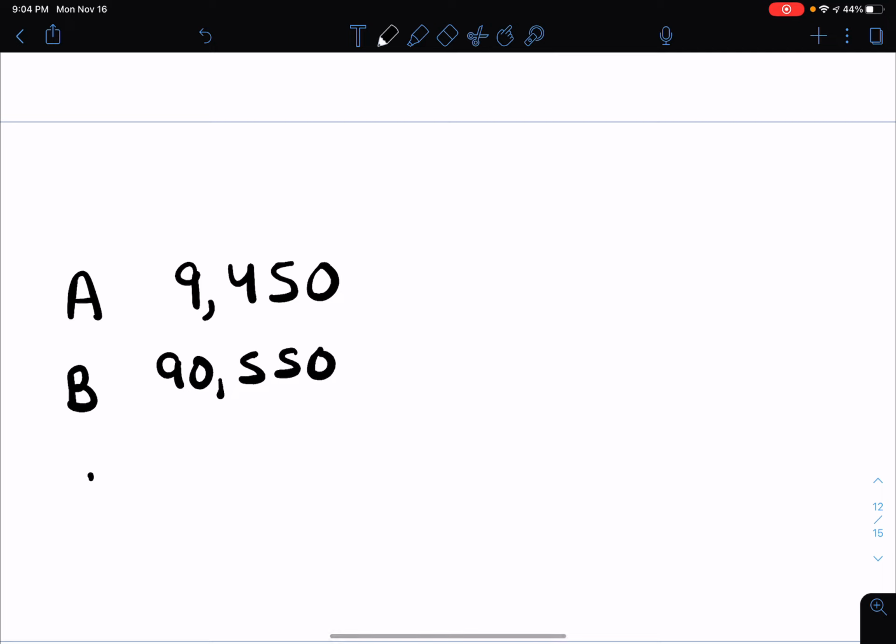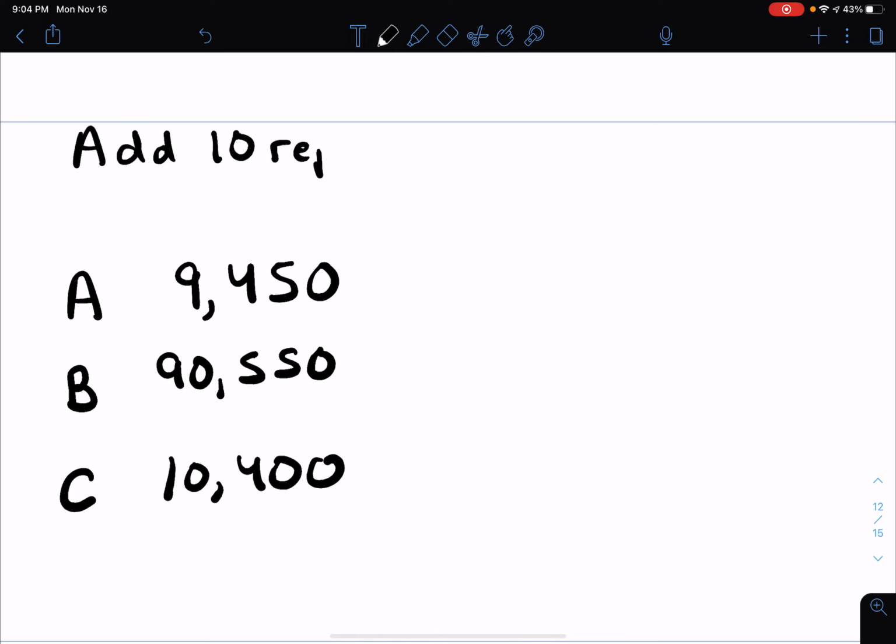So we're adding in a State C with 10,400. All right, so let's add 10 reps for State C. So we have 110 reps.